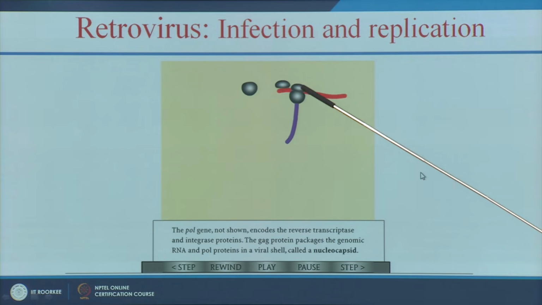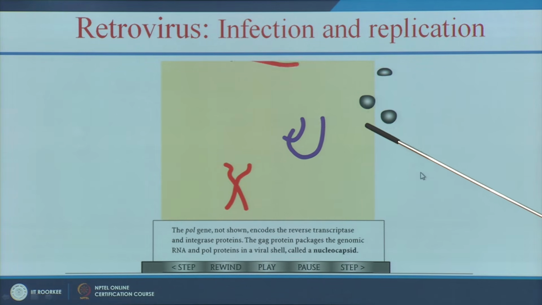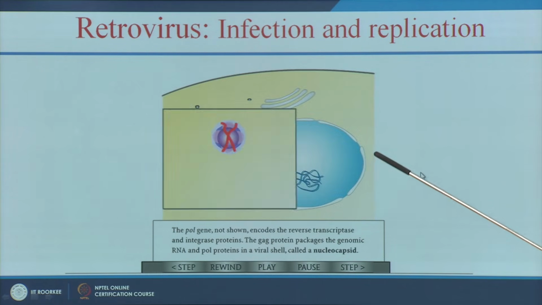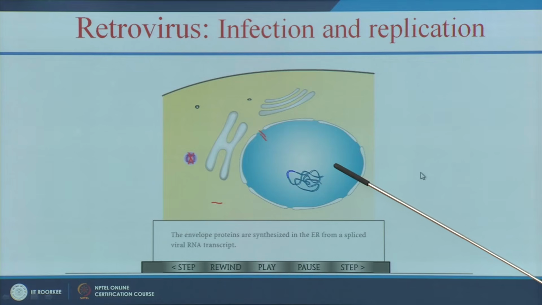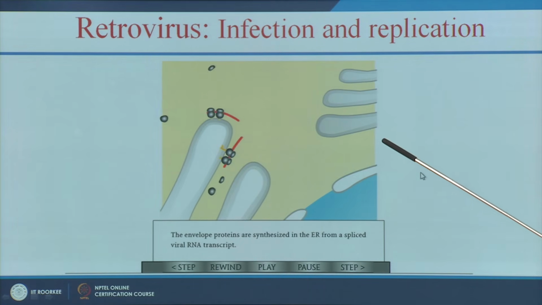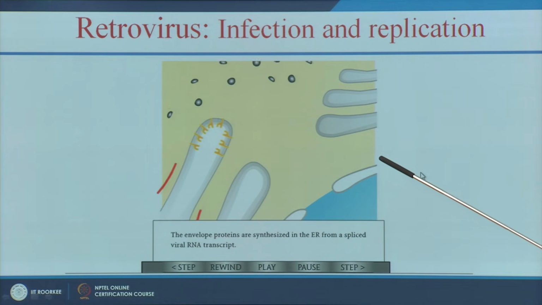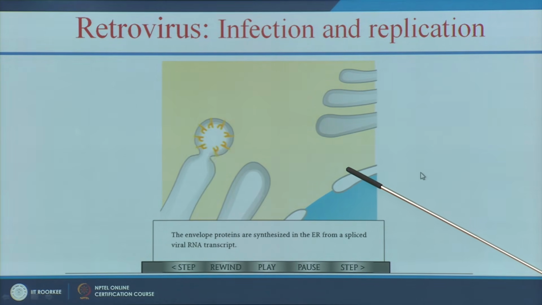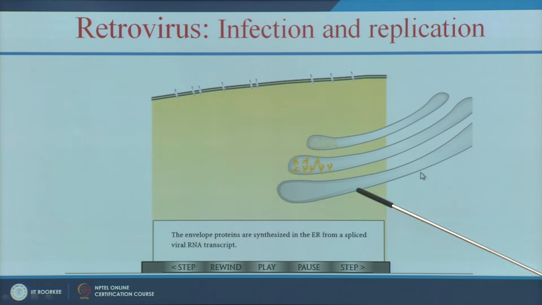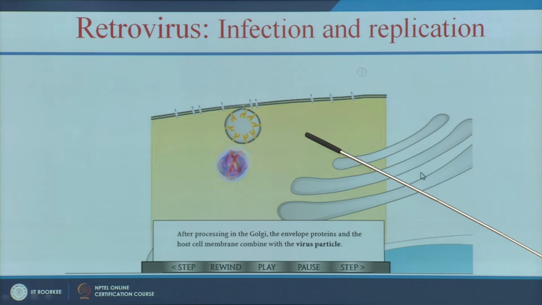And using that viral genetic material, whether it is DNA or RNA, it is making the proteins which are required for making the complete virus structure. So the synthesis is done.